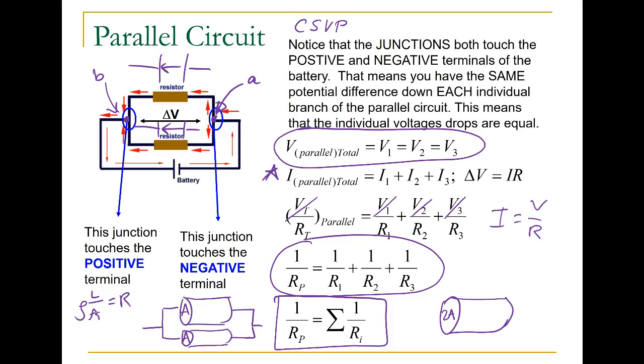Because as A increases, R decreases, having a greater cross-sectional area reduces the resistance.